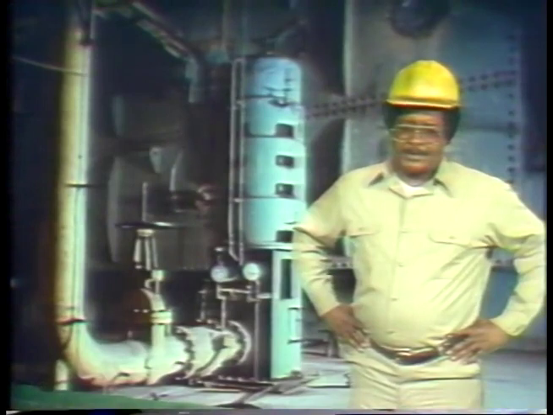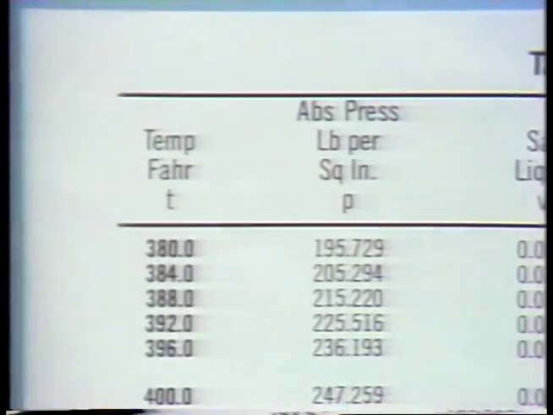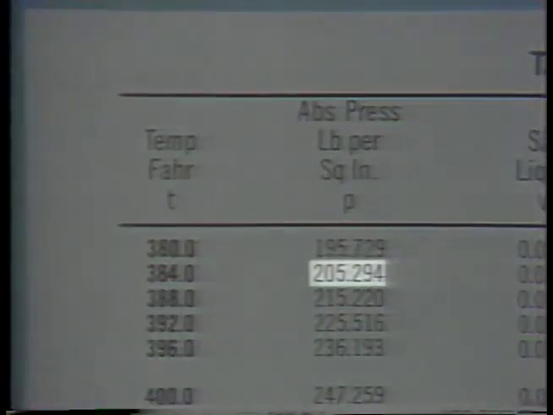Now, it's possible to figure the amount of subcooling in the condensate. Again, we'll calculate this using Table 1. If we go down the absolute pressure column until we find the pressure at the outlet of the condensate pump, 205 psia, we can find the saturation temperature for water at the indicated pressure. Now, we don't find exactly 205 psia in this column, but do find a close approximation, 205.294 psia. Since all we need is an approximate value, 205.294 psia is close enough for our purposes.